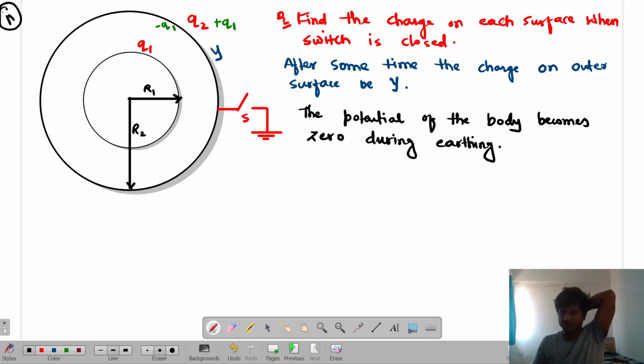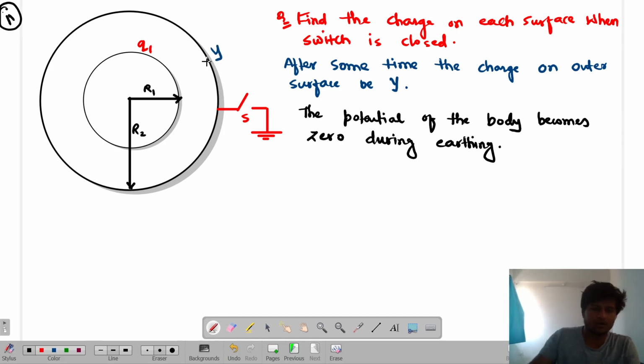The potential of the body will become how much? Zero during earthing. So due to all of this system of charges, on the net, the whole body will have a net potential equal to zero or not. So all the charges will appear as Y over here. Is that clear? All those inductions and all those charges which were appearing.